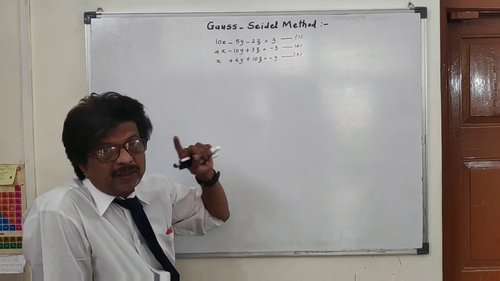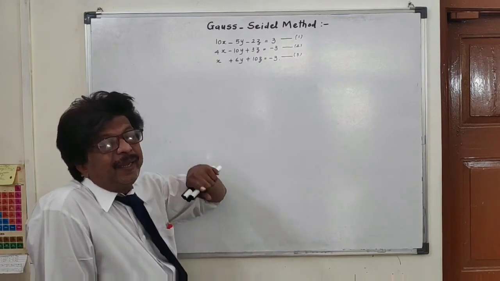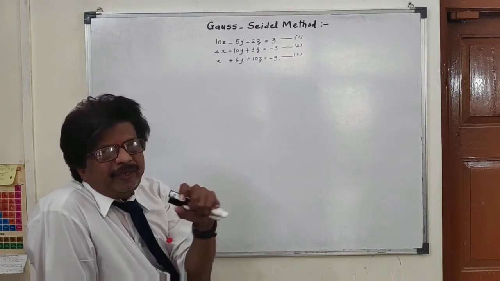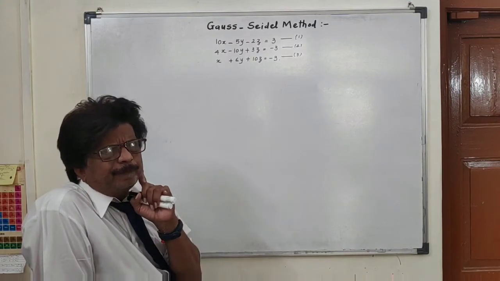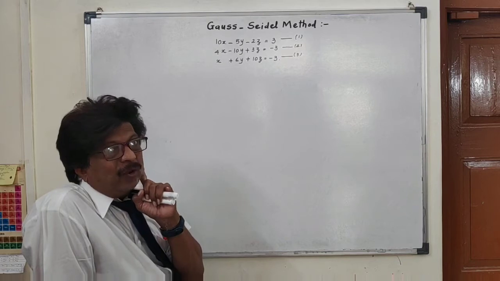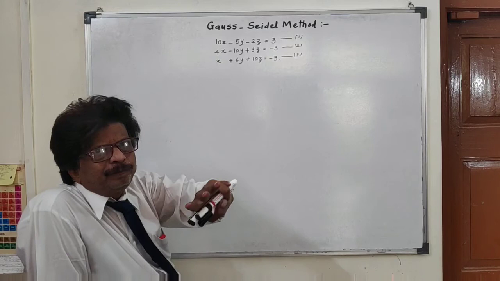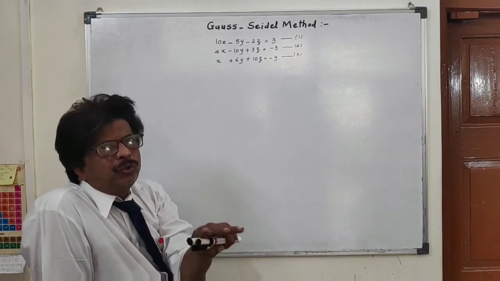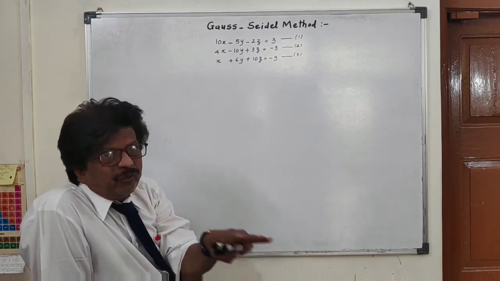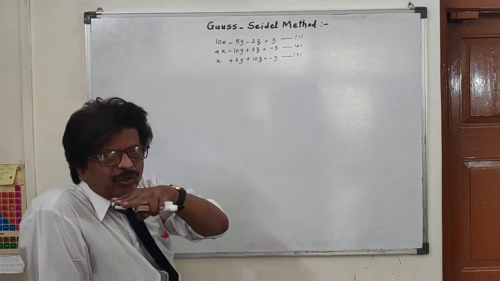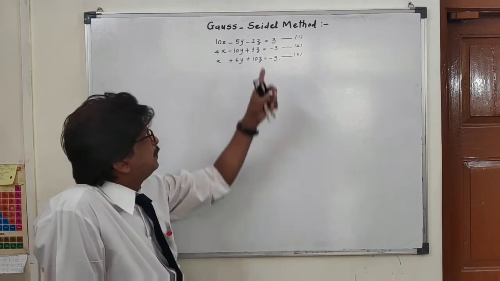This system of equations is diagonally dominant. What does it mean? What are the diagonal elements of this system? There are three equations and three unknowns. From these three equations, we want to determine the values of x, y, and z.